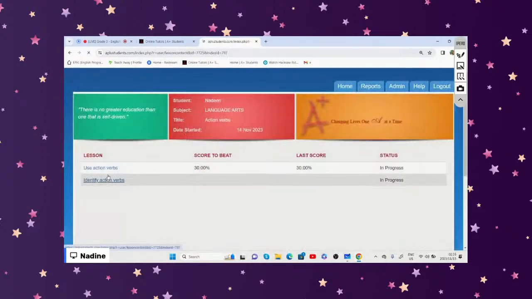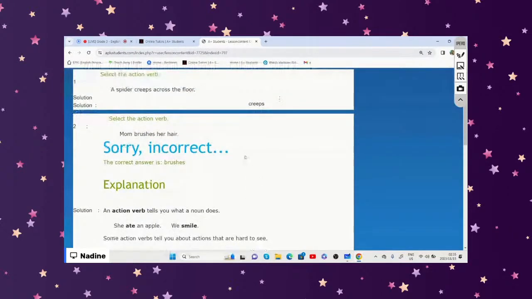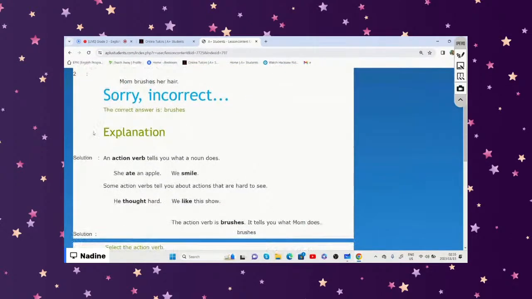So now we're going to identify action verbs. And I feel like there is no need to go over what an action verb is again, but action verbs, it tells you what a noun does or what the subject does, right? And remember, an action verb is also a doing word.